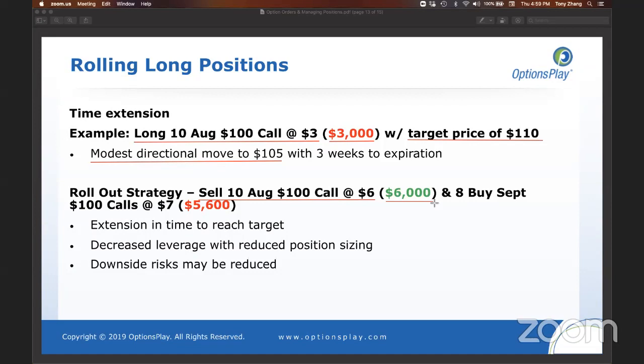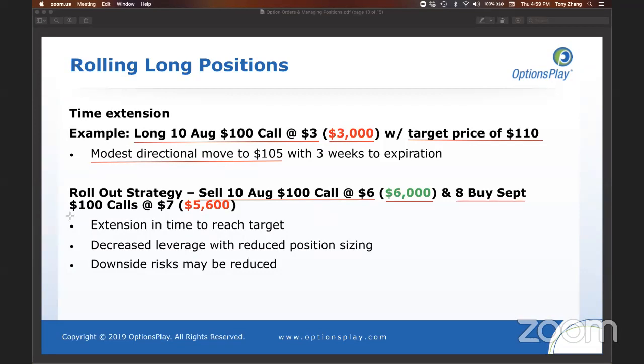But because I need more time, I can now go out and buy a September call, a call 1 month further out in time. Because the September calls are going to be more expensive, since I'm going out 1 more month in time, instead of buying 10 contracts of the September calls, I'm only going to buy 8 contracts.